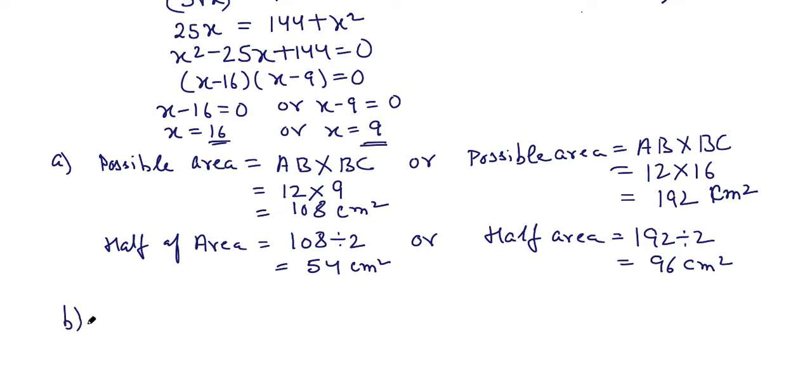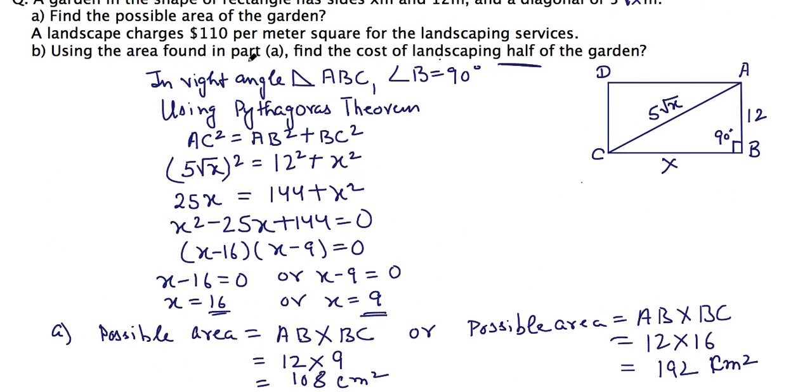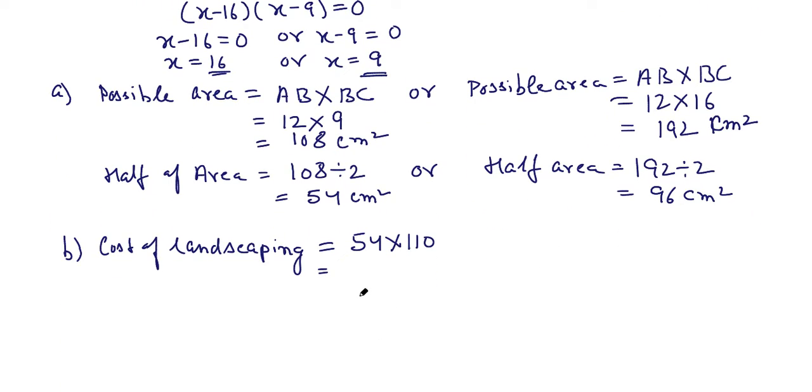So let's do part B, the cost of landscaping. Here again we will get two answers, because we have two areas. The cost of landscaping could be 54 times 110. That's the amount, so 54 times 110 will give you 5,940.